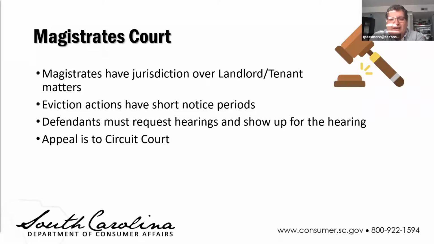After the hearing, if the magistrate rules in favor of the landlord, they will issue what is known as a writ of ejection within 5 days. So it's a very fast process once an eviction action has started. Any appeal for landlord-tenant situations goes to the circuit court.